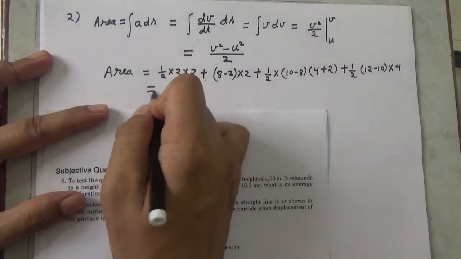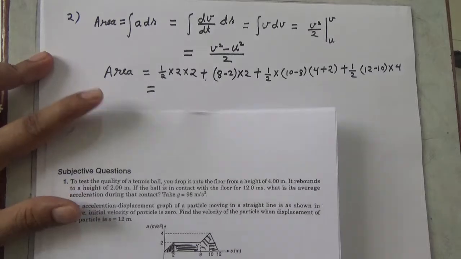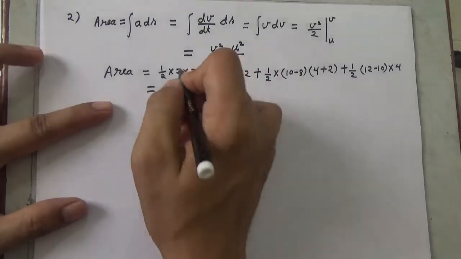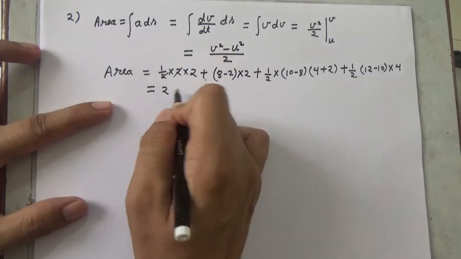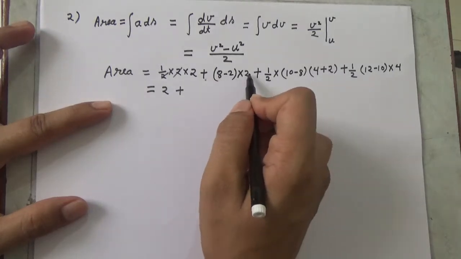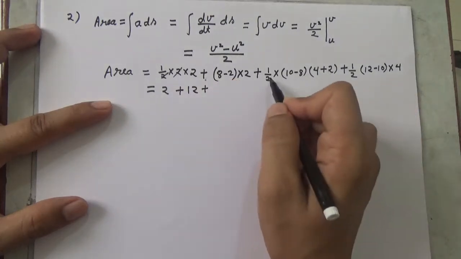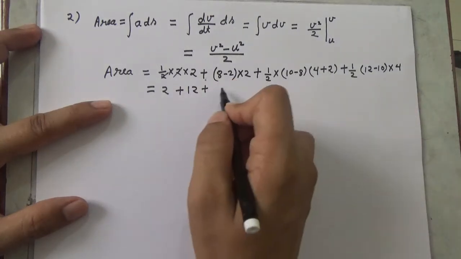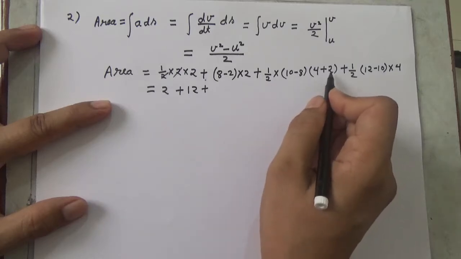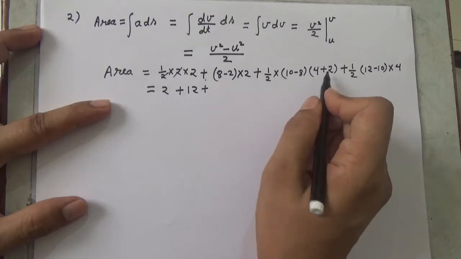So now by summing this we will find the total area. How much is the total area? We are getting 2 here, we are getting 6 into 2, 12 here, we are getting half into 6 into 6, half into 2 into 6.